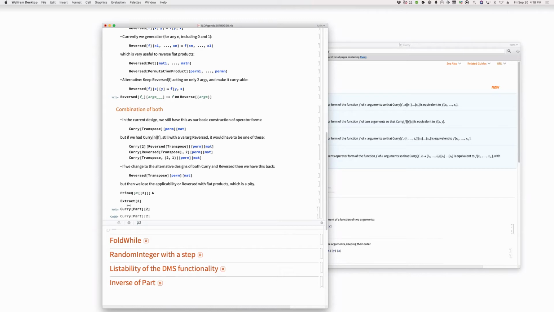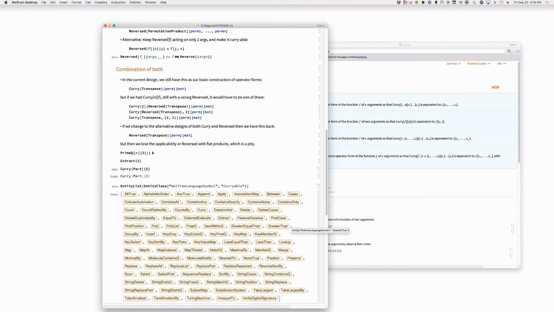Ethan is saying that there is actually an entity class of curryable Wolfram language symbols. I didn't know that. And that there are 93 of them. I didn't know that had been curated. Interesting.